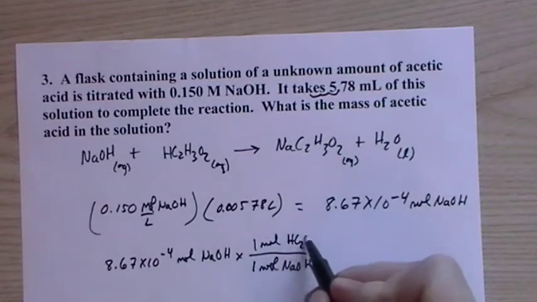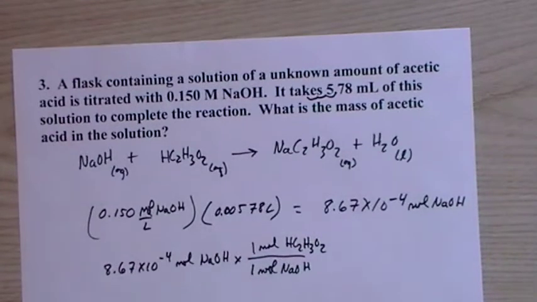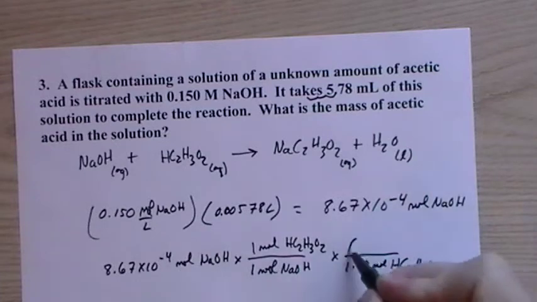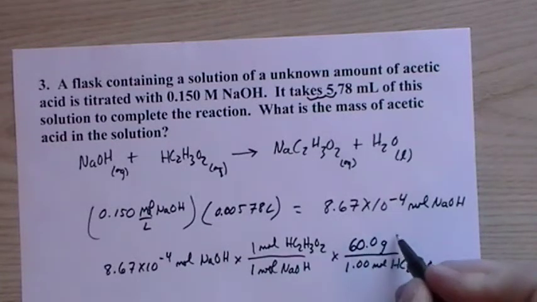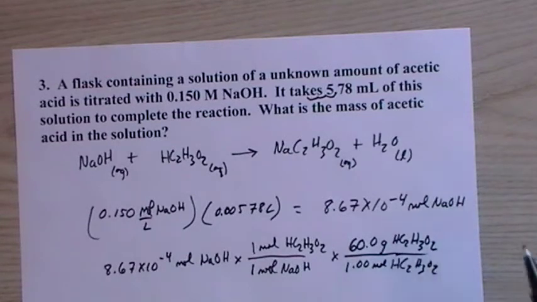So this is how all of these volumetric analysis problems will go. And then for every mole of acetic acid, that's 60 grams. And I'm going to double check that. That one is very familiar, but just to make sure. So 32 plus 4 plus 24.